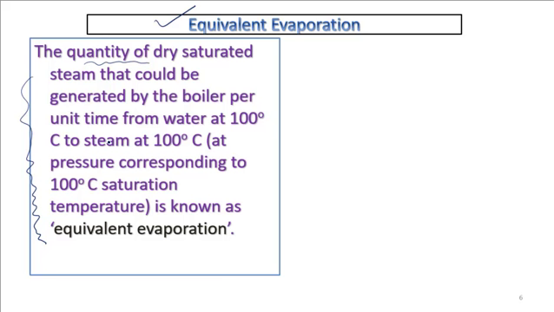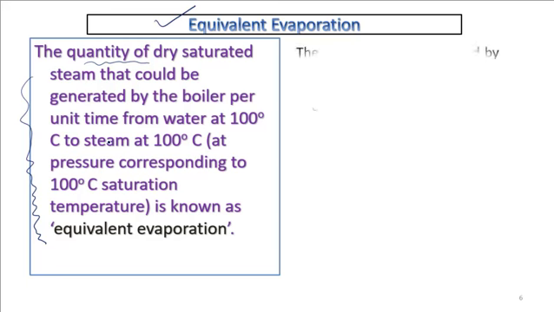That means steam at 100 degrees centigrade, therefore the saturation pressure will be the atmospheric pressure. So water at 100 degrees centigrade to steam at 100 degrees centigrade.